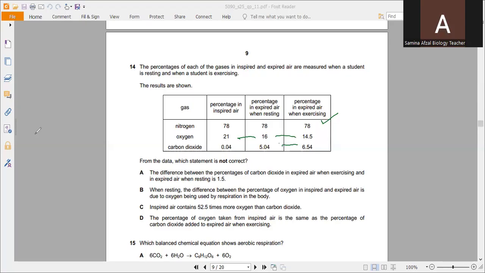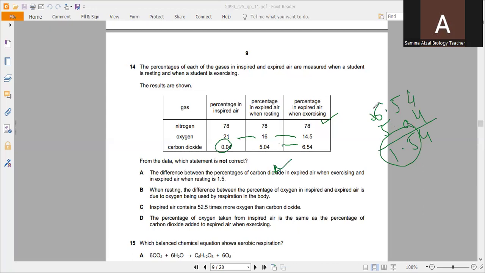The difference between the percentage of carbon dioxide in expired air when exercising and when resting is 1.5. You can see 6.54 minus 5.04 is 1.5. So this is a correct statement.